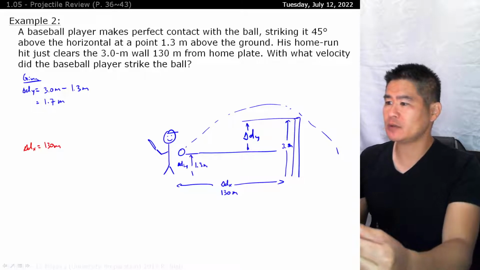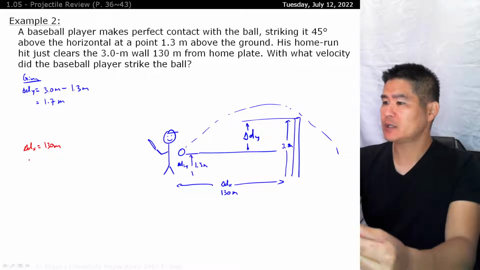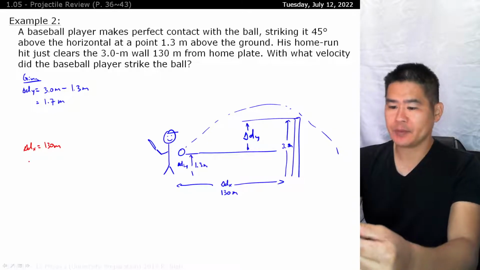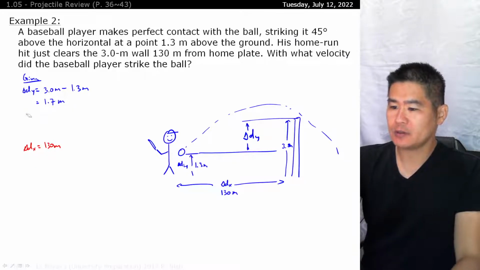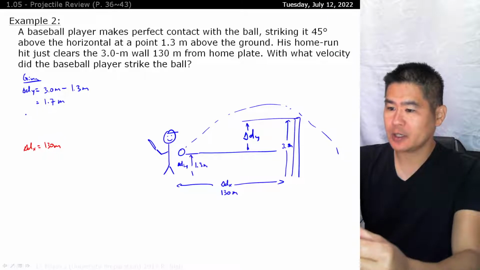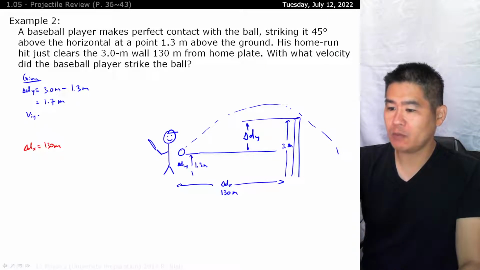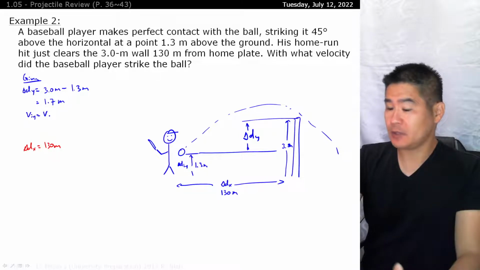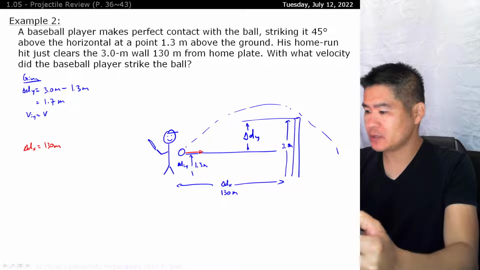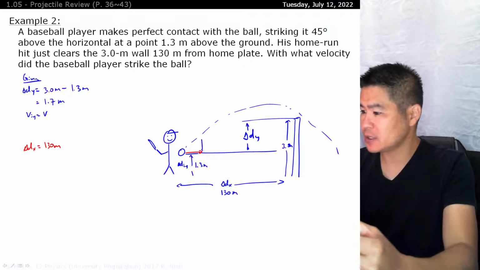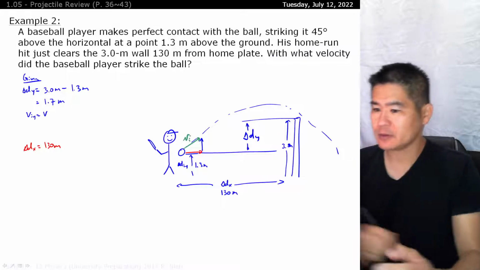What else do you know? That's about it. Okay. But you do know that your VIY is at your initial velocity that you strike it at. Let me just draw a picture over here. That's your horizontal component. That's your vertical component. And this is your VI.